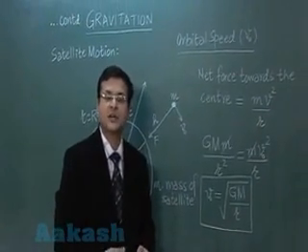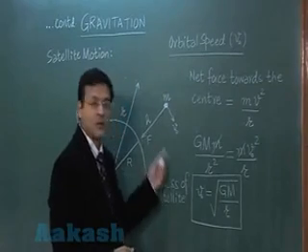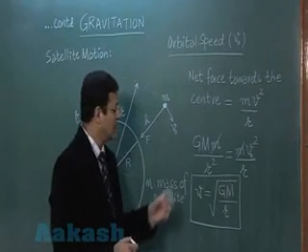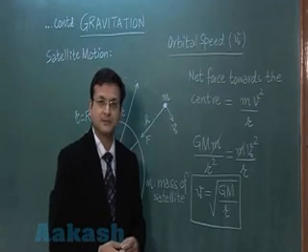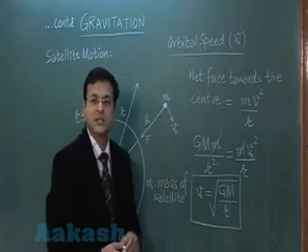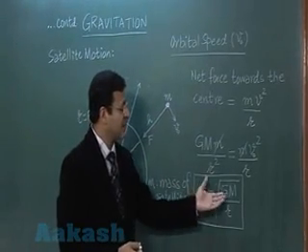So whenever we are throwing artificial satellites in their orbits, whatever mass of the satellite we have taken, that becomes immaterial so long as the rotation is concerned, and it is just dependent on the central mass.